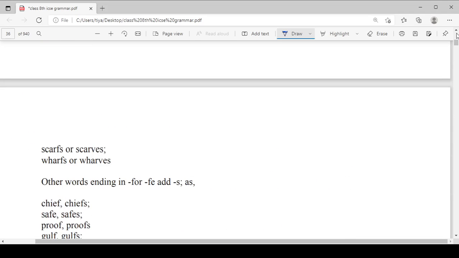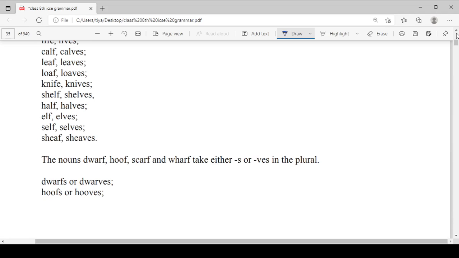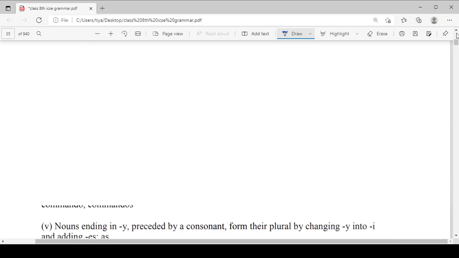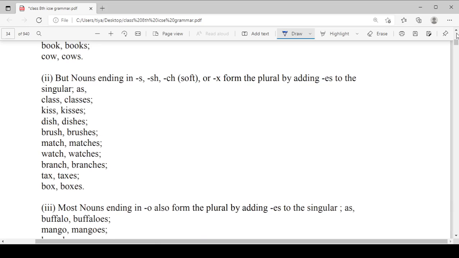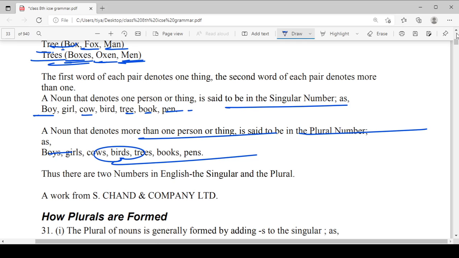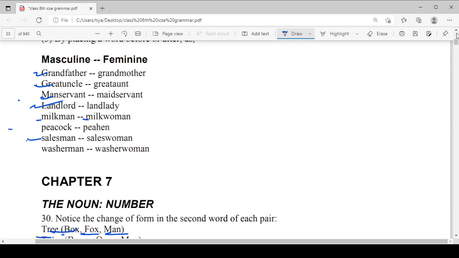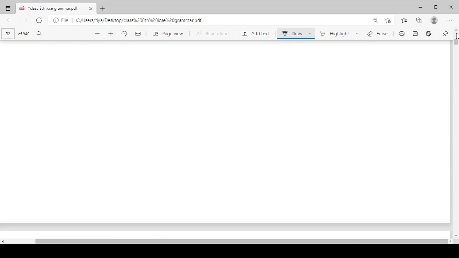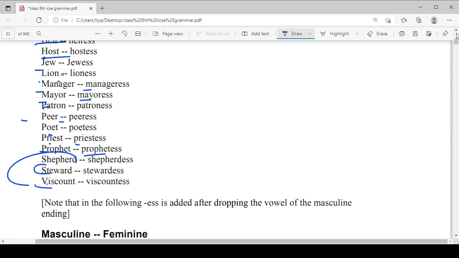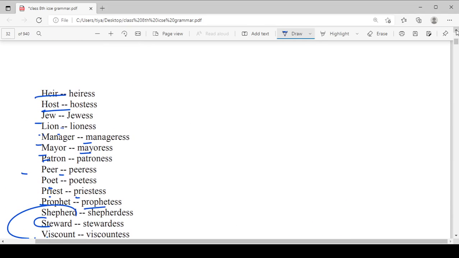We have talked about the common gender also. Neuter gender is used for the non-living thing. So just read this table again and again. If I read this table again and again, this will be boring, but you try to read this table again and again, and you will easily understand what the changes are. How can a noun be changed when we talk about the gender?